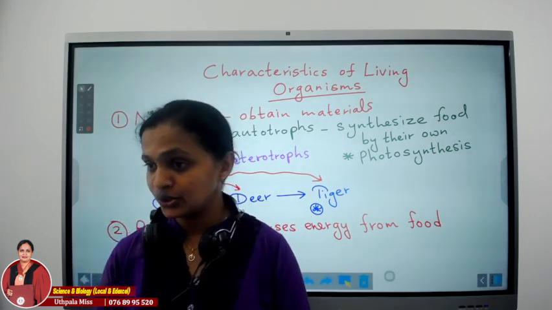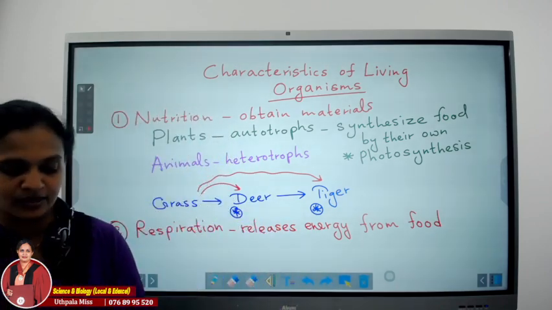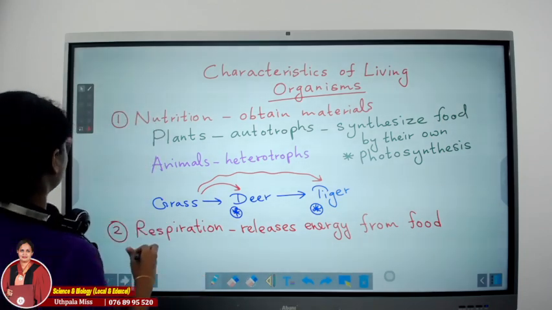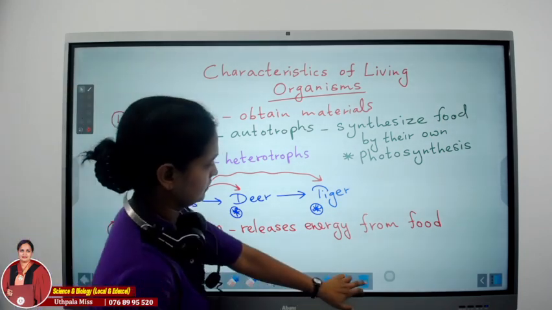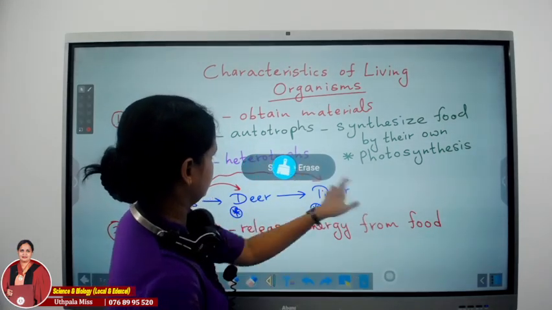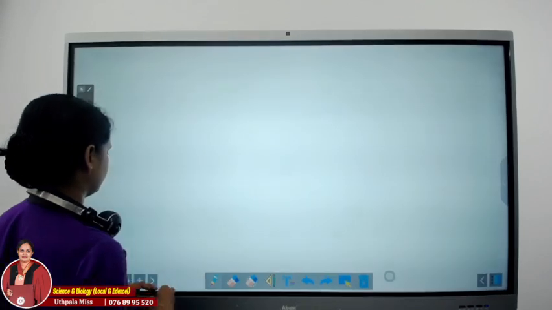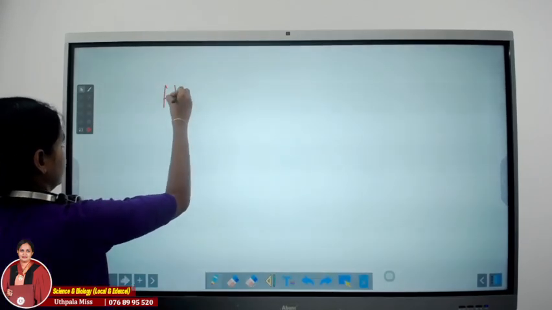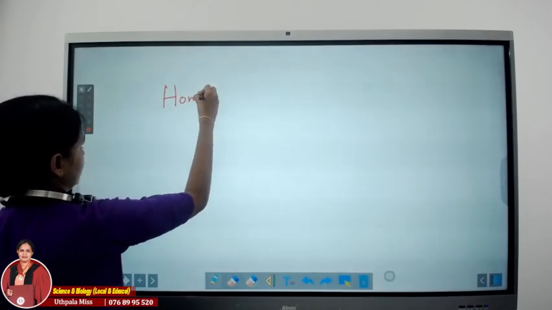They can control the internal environment. In other words, we call this as homeostasis. Maintenance of the internal environment of the body at an optimum level.